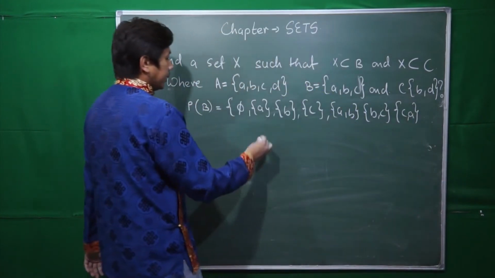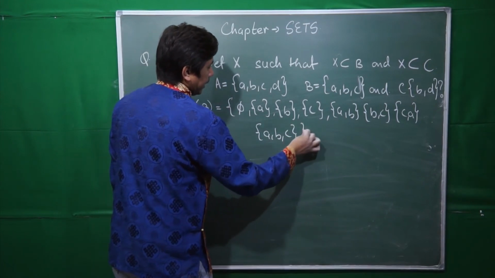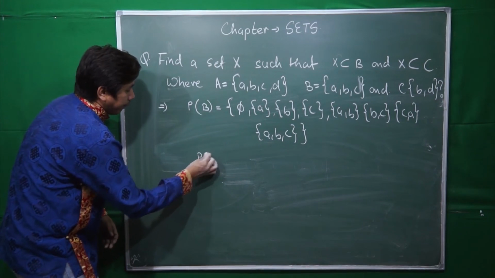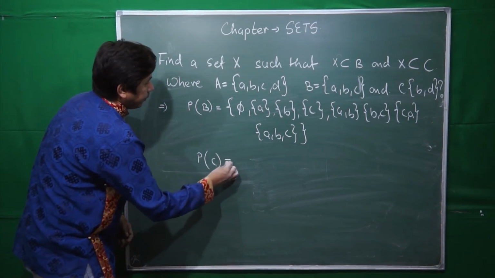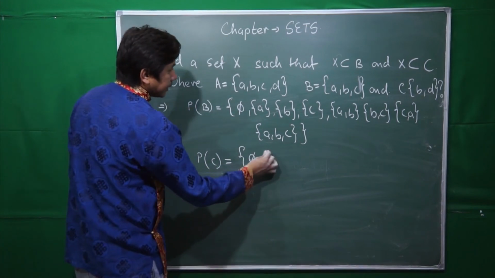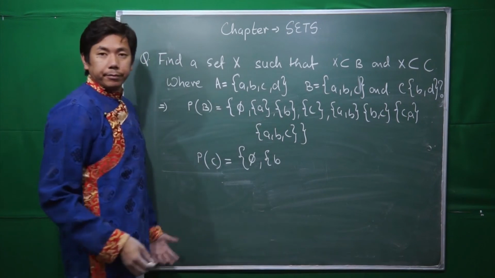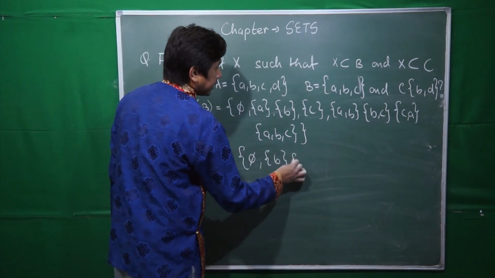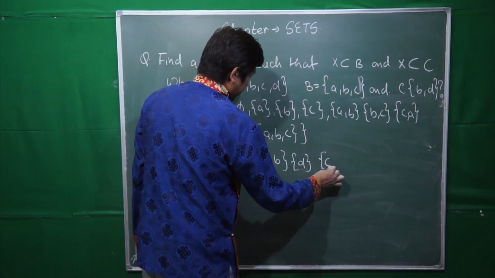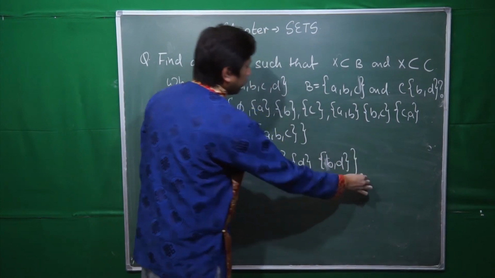And the last one, the set itself, {A, B, C}. Set being closed. Alright. Similarly, we can find the power set of C, which is equal to, again, a null set, set {B}, set {D}, and then the combination of {B, D}. Full closed.